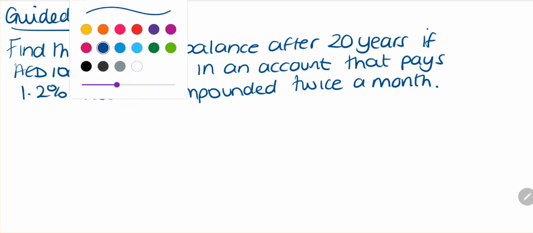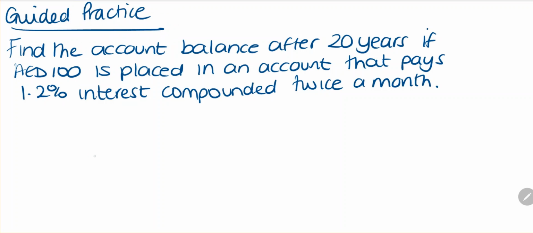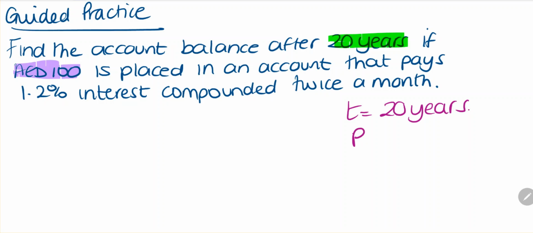Okay, so let's have a look at the question. Find the account balance after 20 years. So this is our time. So the time is 20 years. We're given an initial amount of 100 dirhams. So this is the principal amount. So the principal amount will be 100 dirhams.